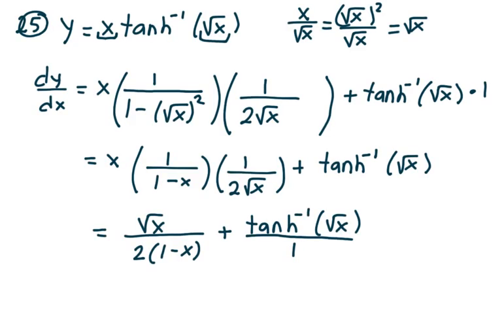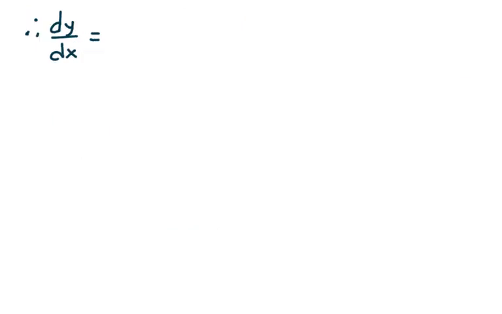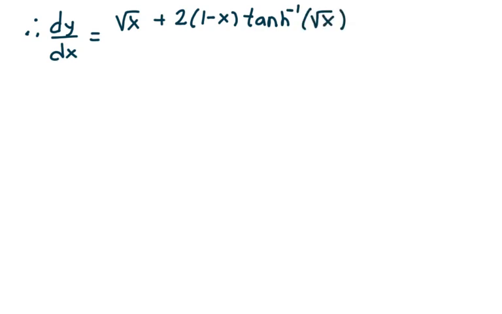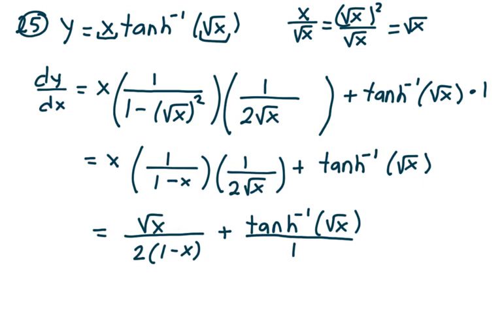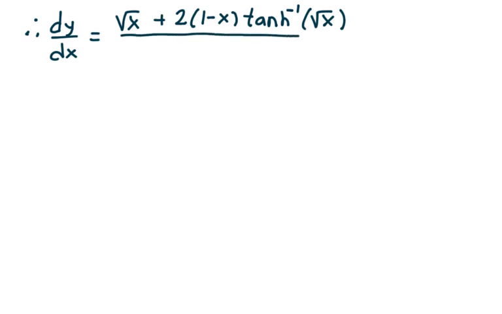I get dy dx is equal to square root of x plus 2 times 1 minus x times the inverse hyperbolic tangent of root x. That's the second term. And then I'm going to divide by 2 times 1 minus x. And that's how we do this problem.